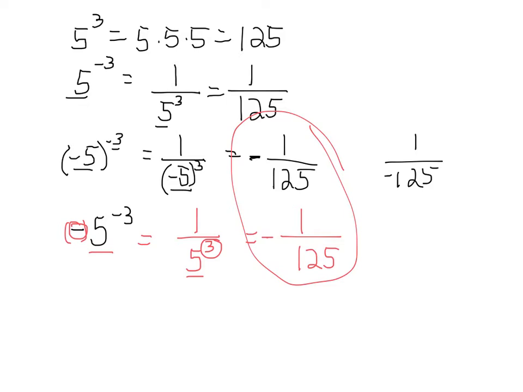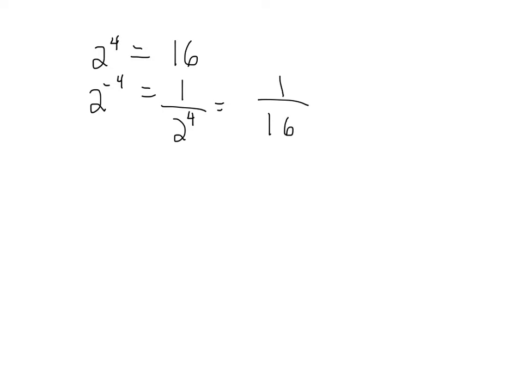Let's do a different one where it won't be the same. Let's do the same idea with 2. 2 to the fourth power is 16. 2 to the negative fourth power is 1 over 2 to the fourth, which is 1 over 16. But now if I say negative 2 to the negative fourth power, that's going to be 1 over negative 2 to the fourth power, because these don't change.